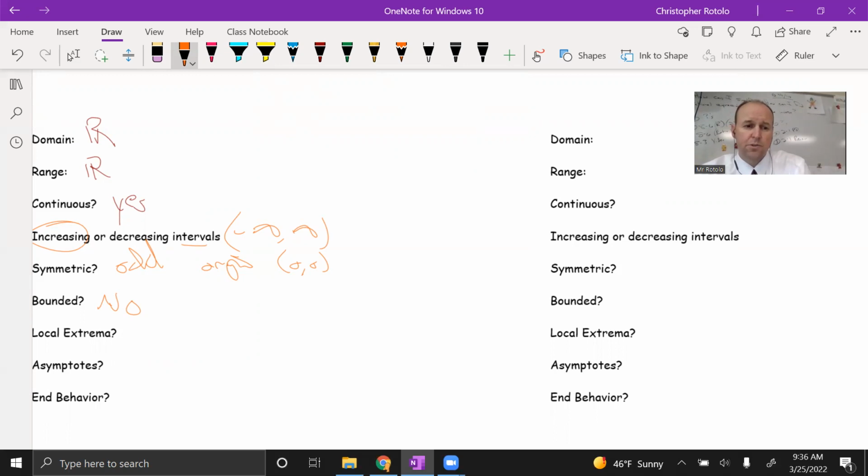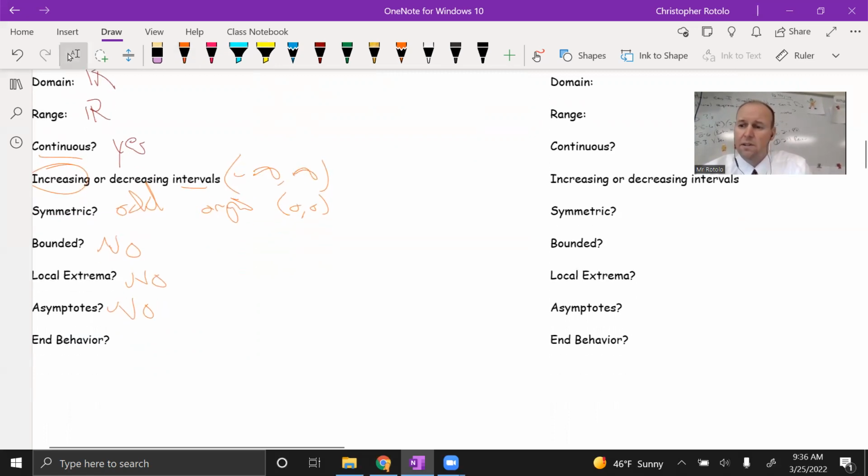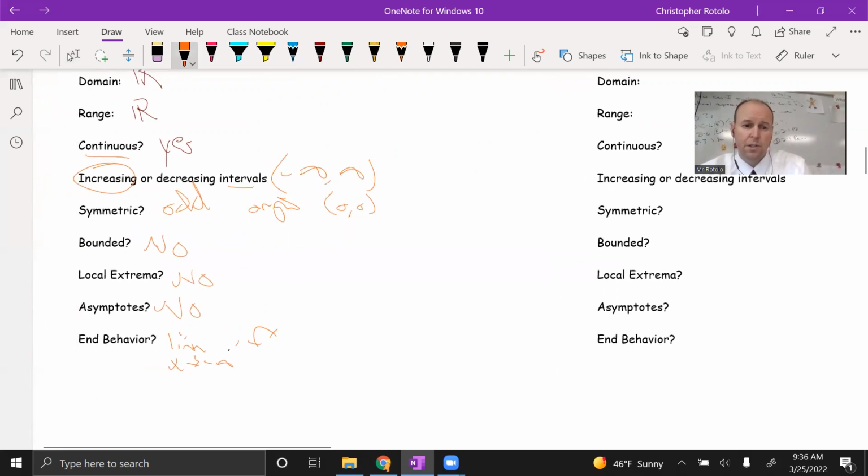Do we have any local extreme, right? So it's a local max or min. We're going to go with no on that one, because we don't have any turning points, so we can't really do anything with it. We said that it is continuous, so are there any asymptotes? Nope. And what's the end behavior? The end behavior. So just to review that limit notation, as x approaches negative infinity, so that's going left, the function is going to approach negative infinity.